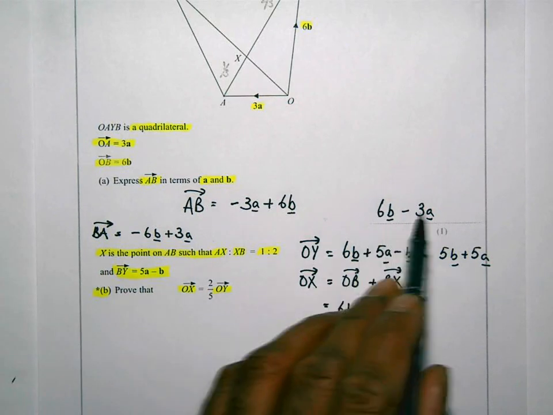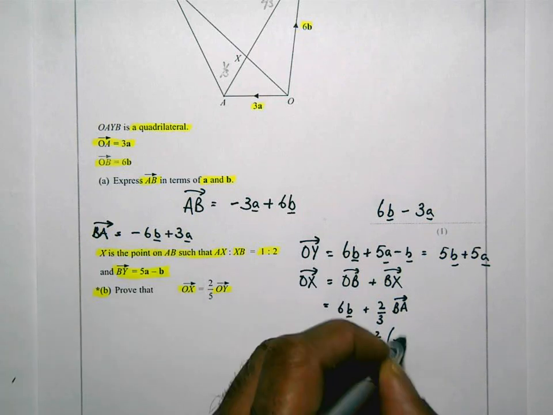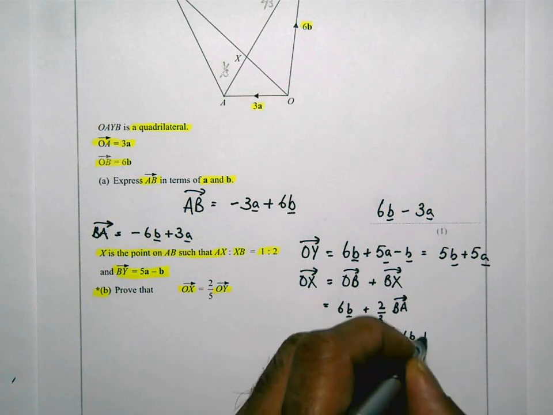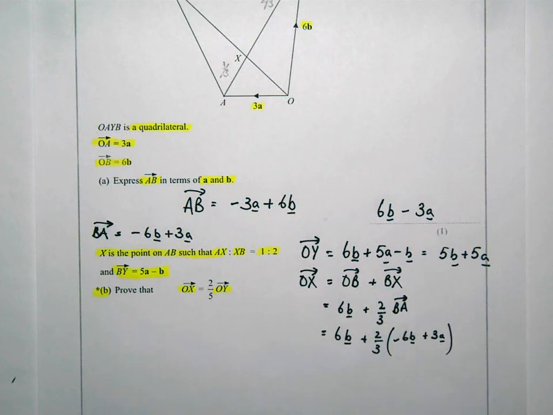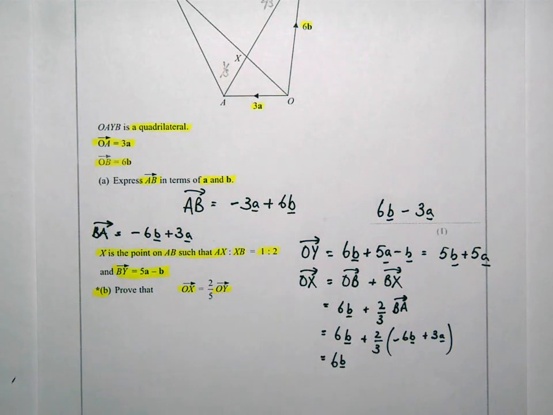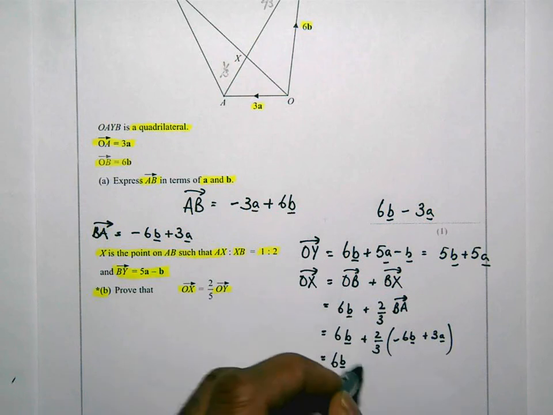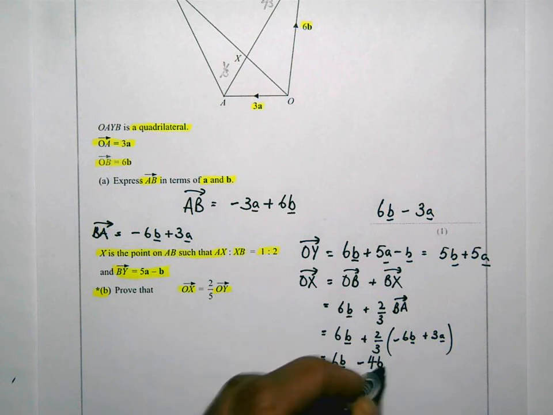So if I put this in here, minus 6B plus 3A, this is the bit that I need to work out and then simplify. So I have 6B, 2/3 of minus 6B is minus 4B, and 2/3 of 3A is going to be 2, so that's plus 2A.